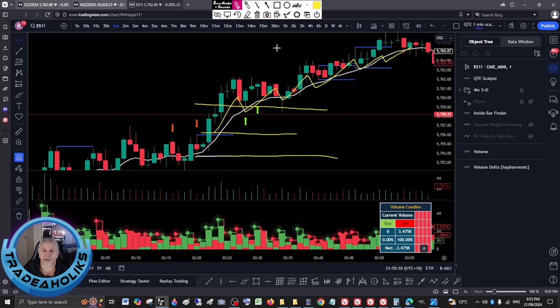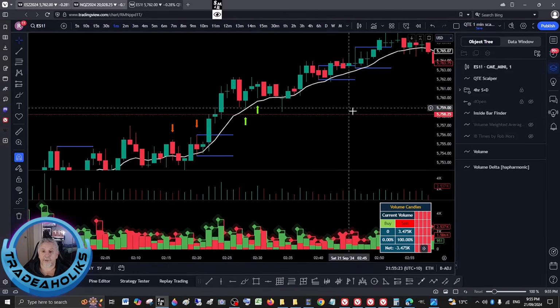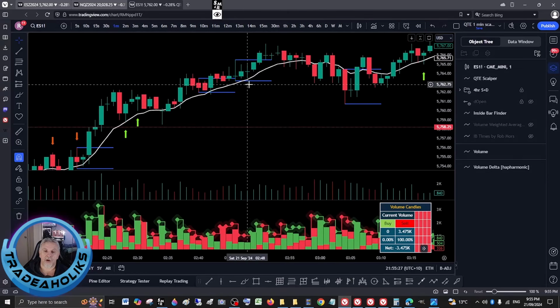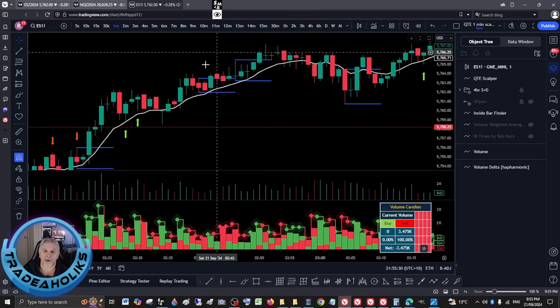Now, the other thing I will say is that regardless of that particular strategy, you want to use the 10 EMA. As I've done some statistics on this myself, you'll find that you can see how it hugs. You don't really get any candles opening and closing below the 10 EMA.